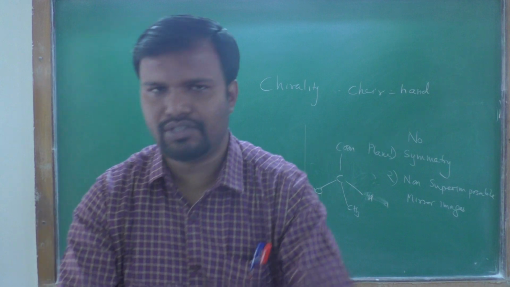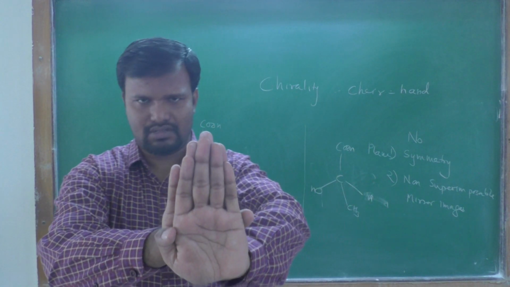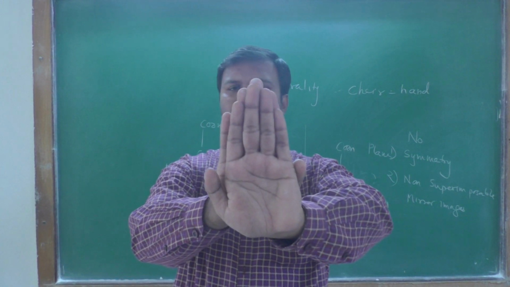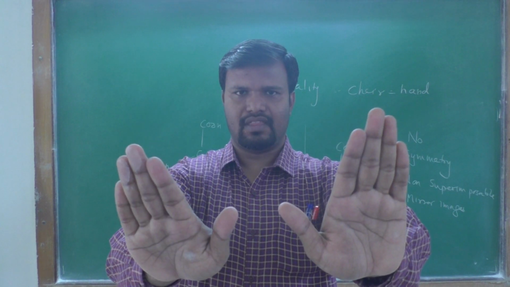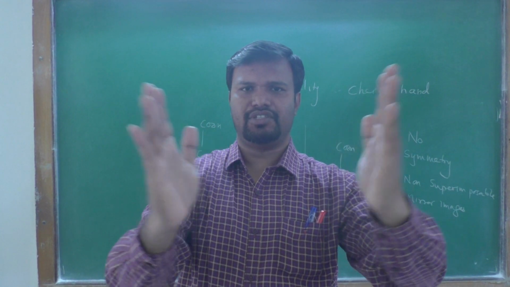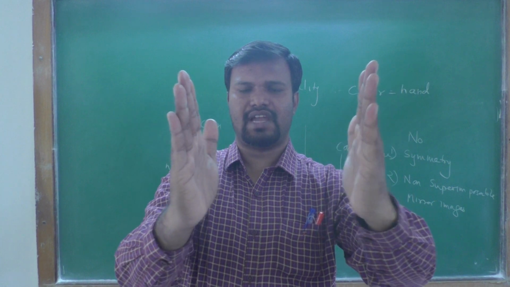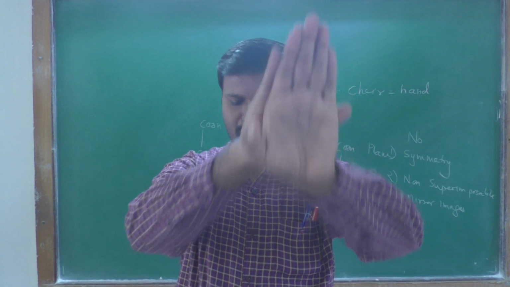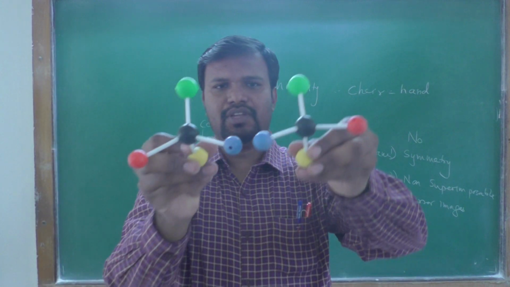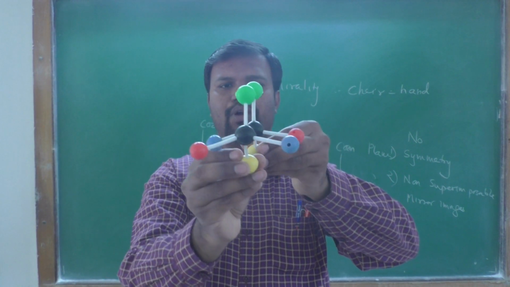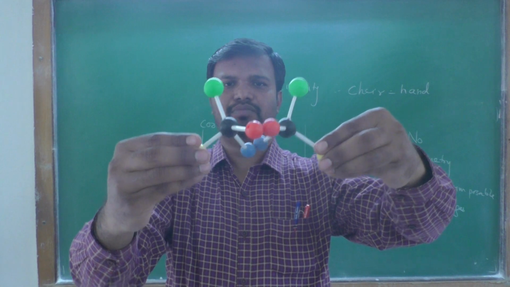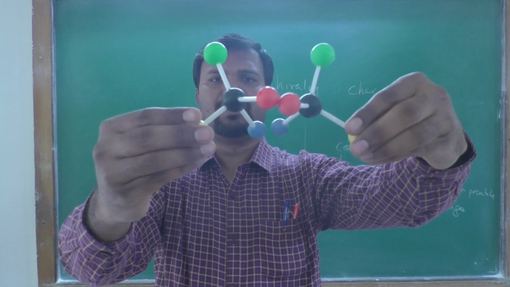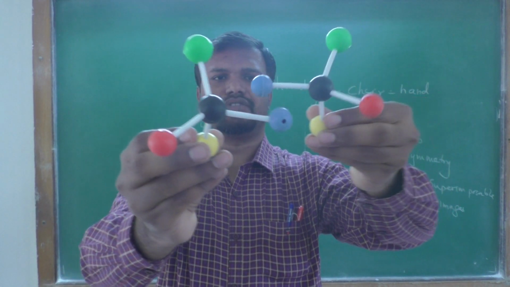Like our hands are not superimposable on each other. These are the mirror images, the first and second, and they are not superimposable on each other. When you place the mirror, these are not superimposed.